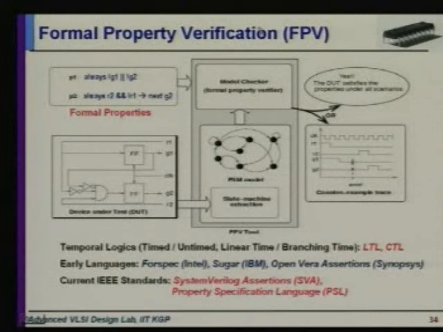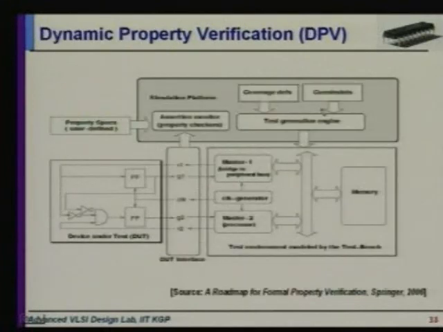The other way is the formal property verification way of doing it, where you write the properties, and you have this static checker. This checker is going to take your circuit and take the properties and check this exhaustively. What is the difference between these two? Here the property is getting checked only over the simulation run. Now, simulation is not going to test all inputs, it can't, because there are too many different input combinations. So you are only going to check the properties over those inputs which the simulation has exercised.